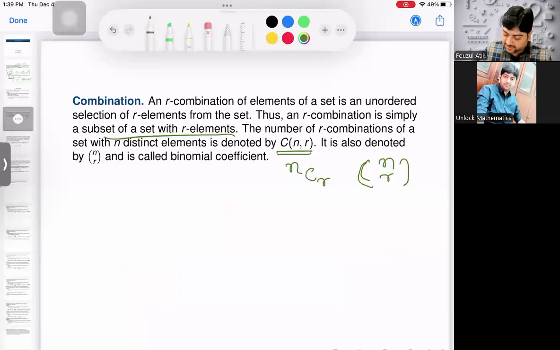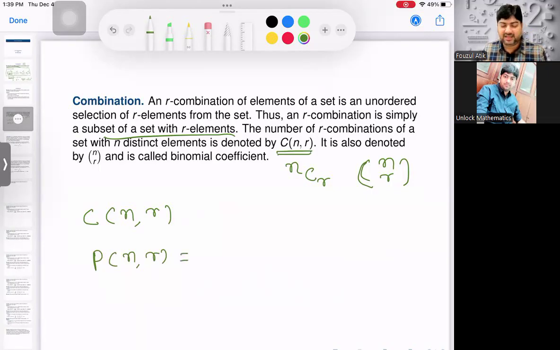Now, how will we find this C(n, R) value in general? If you relate to the previous example, first you arrange R elements from an n element set. We have discussed that is the permutation, P(n, R) ways you can do it. C(n, R) means the number of R combinations, just a selection of R elements from a set.